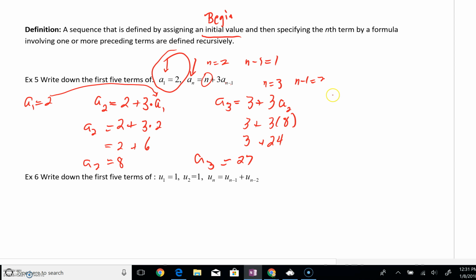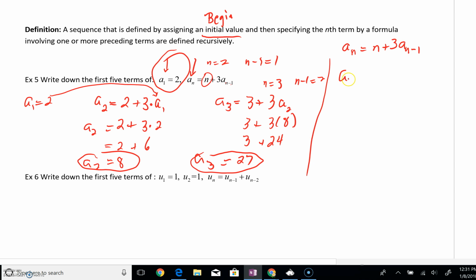We were almost done. I'm just going to rework here. We found a sub 3 was 27. What we can do immediately is go back to this pattern of a sub n equals n plus 3 times a sub n-1, and we can know that our fourth term, if n is equal to 4, n is 4 right here, plus 3 times a sub n-1.